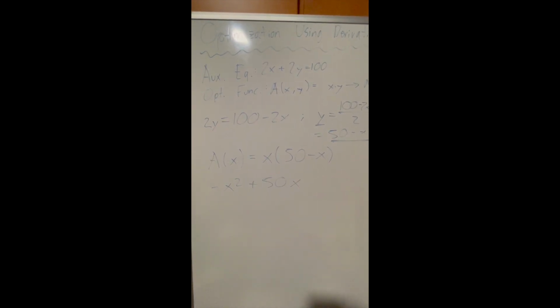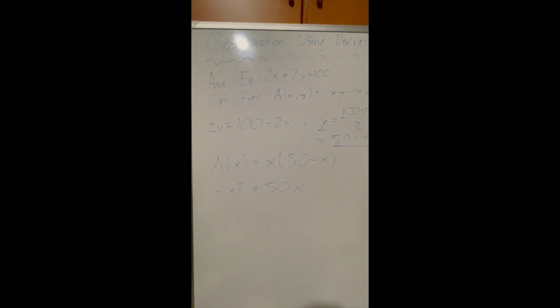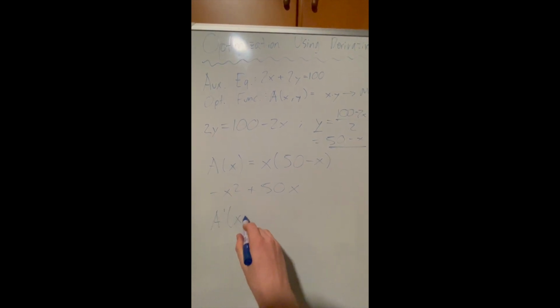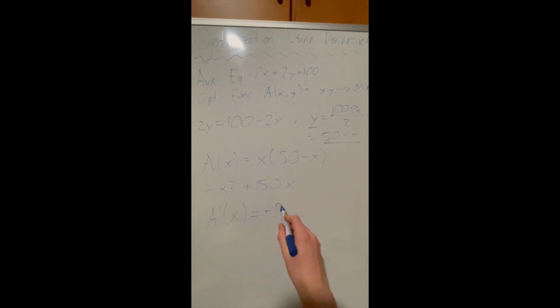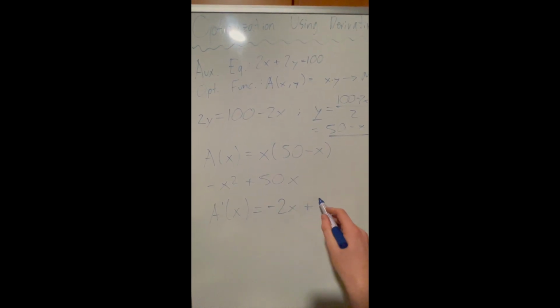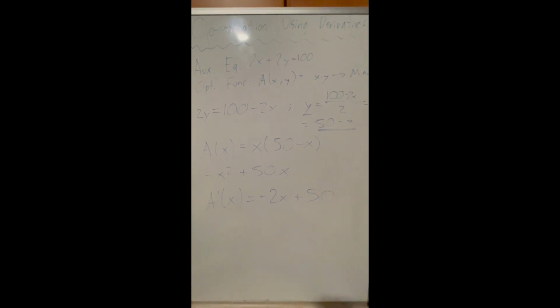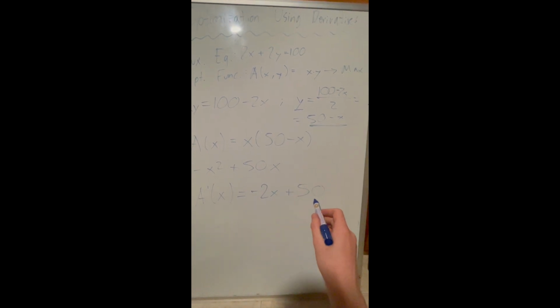And now we use our derivative in order to find our maximum. We derive our function. This is going to give us minus x squared is minus 2x plus 50. And now all we have to do is equal this to 0. We forcefully equal this function to 0.